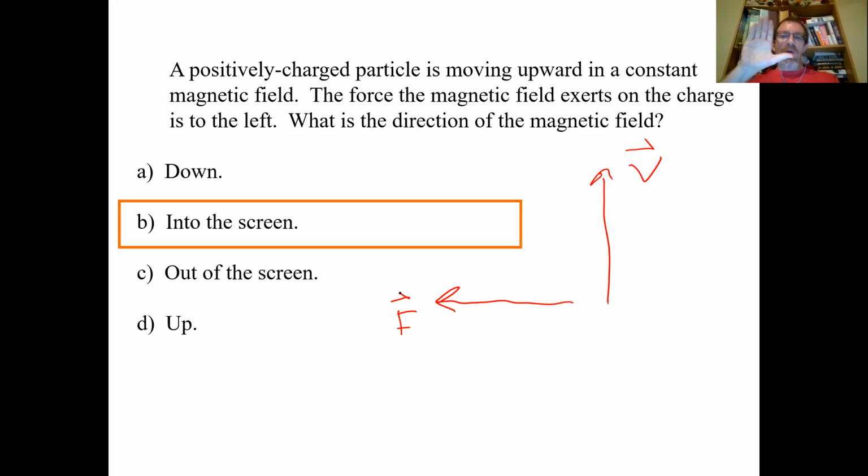And when I curl my hand, and we have to be using our right hand, it probably looks like I'm using my left in the screen. Sorry. But anyway, if you hold your right hand up, you've got your fingers pointed up towards the top of the screen. Your thumb is pointed in the direction of the force. You'll see that your fingers are going to curl away from you. The magnetic field has got to be into the screen in order to generate this result. So our magnetic field here is into the screen.